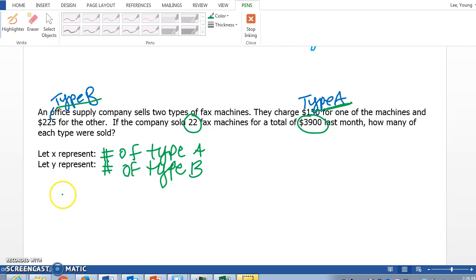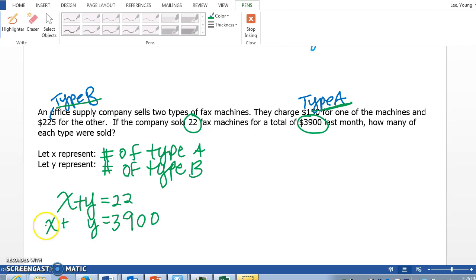So your first equation should be X plus Y equals 22. And then the next one is $3,900. Also, this is money, so make sure you are putting money in front of X and money in front of Y. How much was X? 150. And how much was Y? 225.